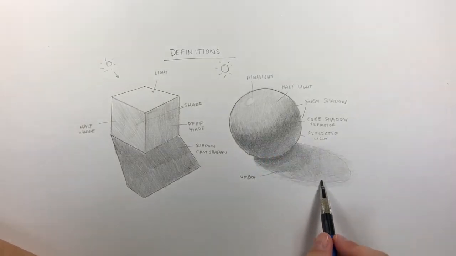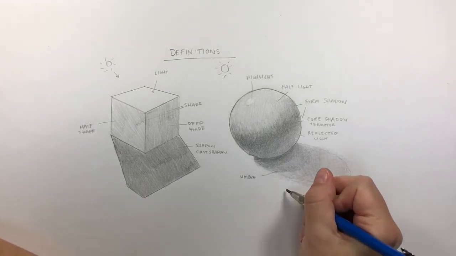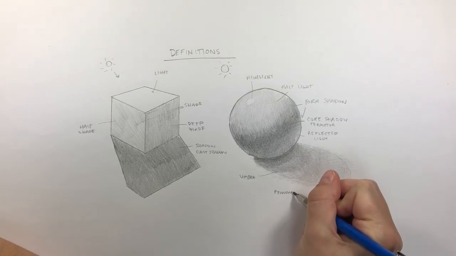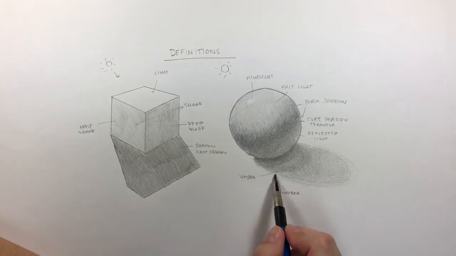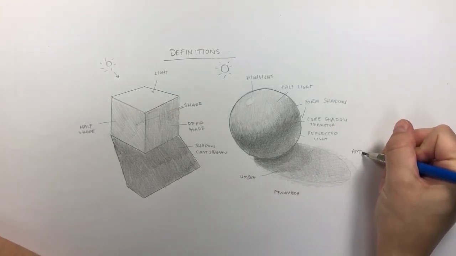And then this area here, the big part of it, is called our penumbra. And then there's this outer area here, which is called our anteumbra.